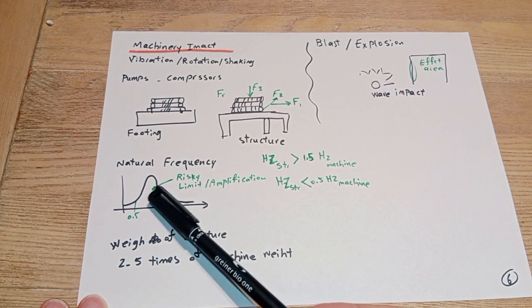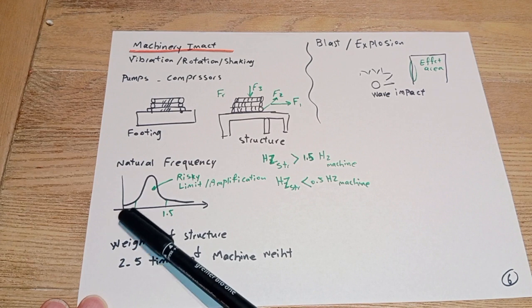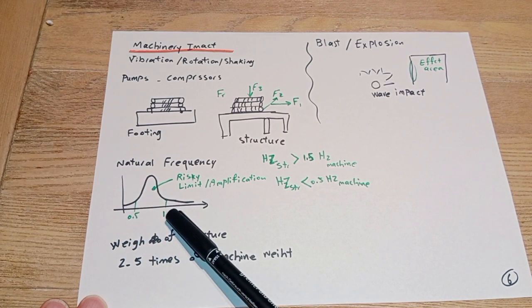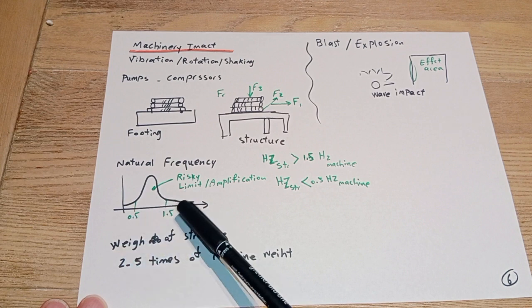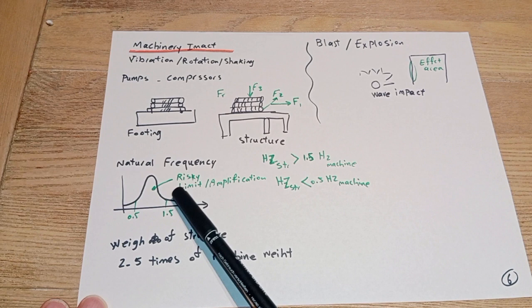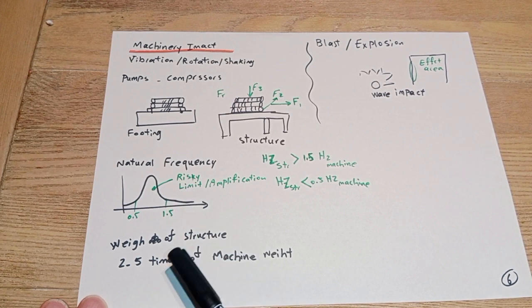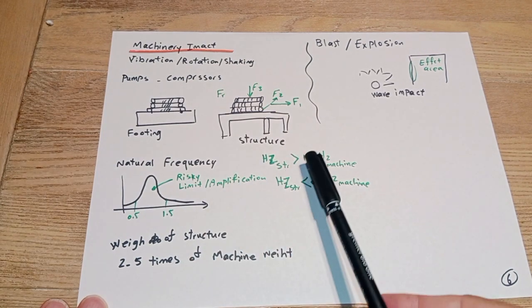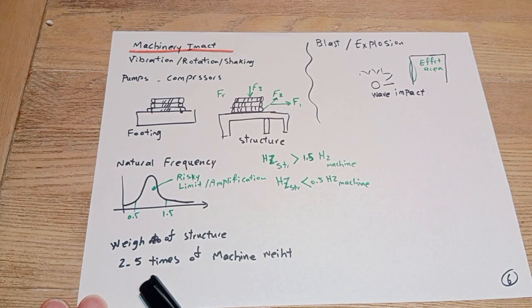So it is better always to keep the frequency of the support structure, support foundation, below 0.5 of the hertz of the machine, or over 1.5 times the frequency of the machine, and I recommend to always stay on this side. And the other limit, critical and controlling to design this foundation and structure under the machine, is the weight of the structure.